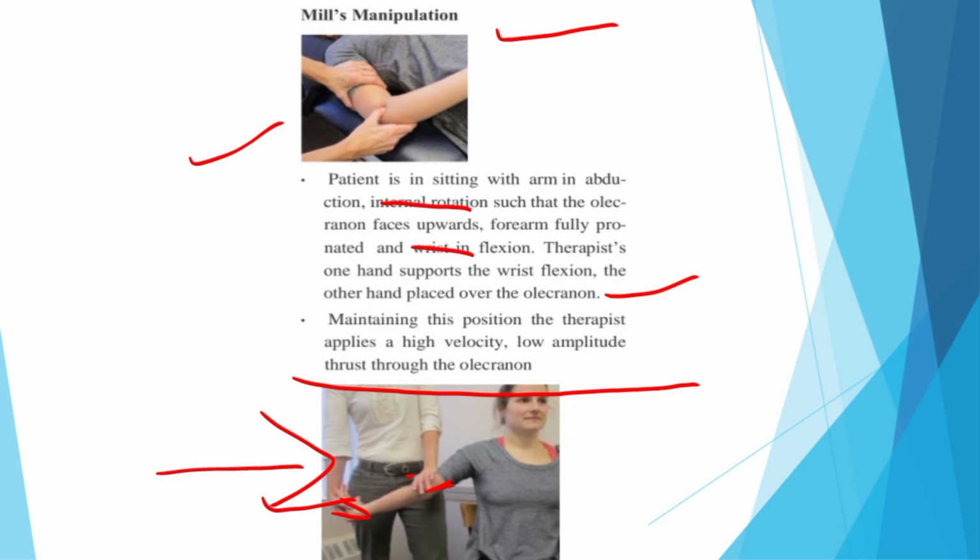Maintaining this position, the therapist applies a high velocity, low amplitude thrust through the olecranon. This is the manipulation technique we can use for lateral epicondylitis.